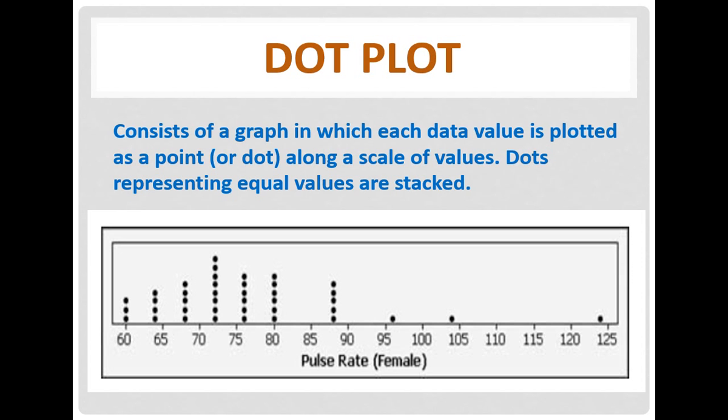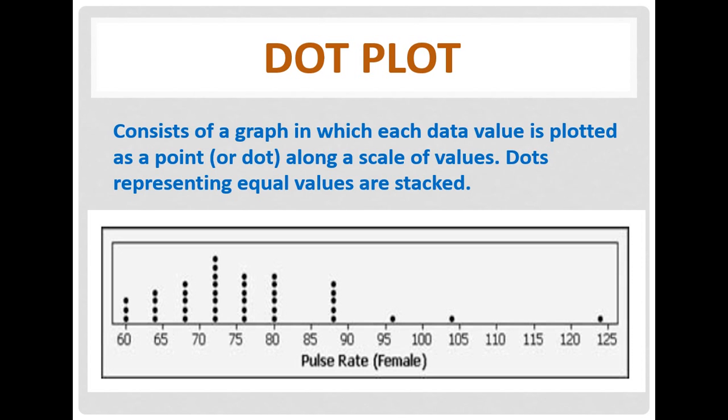Now, there still is a little bit of ambiguity with the information, because technically, if you remember, what was the max pulse rate for the women? You remember the number? 124. Yeah. It looks like 124-ish, right?